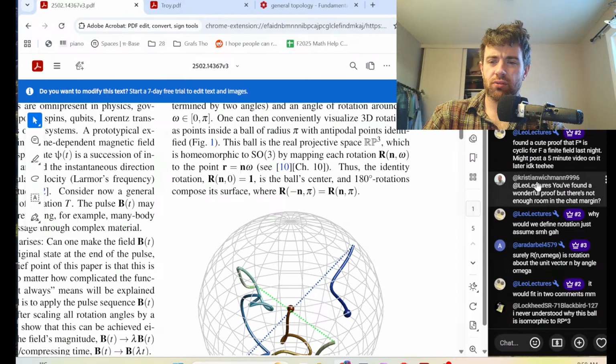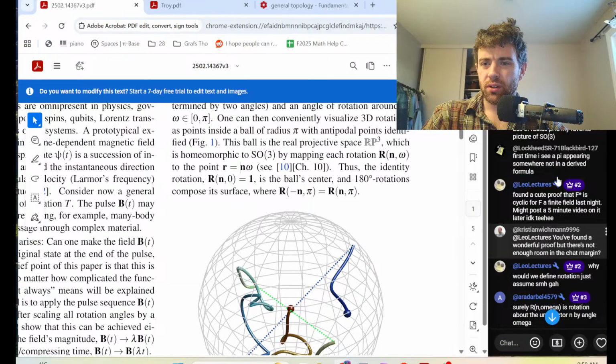I'm still kind of confused here. Ball of radius pi, yeah.